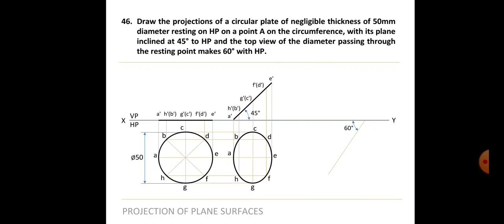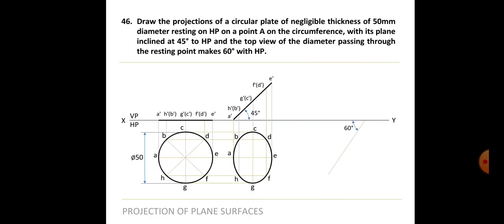But in this case, we don't have to draw the locus because the question very clearly states that it is not the diameter that is inclined at 60 degrees. It says the top view of the diameter. Can you read the question properly? It's written that the top view of the diameter passing through the resting point is at 60 degrees. So that means they're already talking about the top view, not the actual diameter.